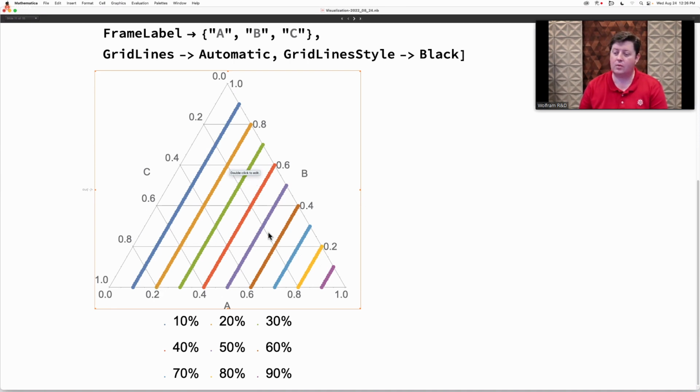And so even though we have three values that we're looking at, because we know that everything adds up to 1, we're still able to read off what the relative components are. We can't necessarily read off what the actual values were, because there's no requirement in a ternary list plot that all of the points actually add up to the same amount.